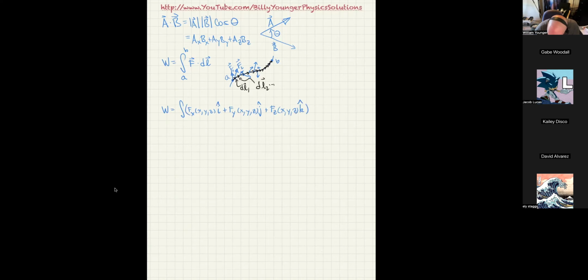I'm going to put that in parentheses, and then the dot dL is technically going to be dx i hat plus dy j hat plus dz k hat. And of course, you can then use the linearity of the dot product, and when you do that, you end up getting the integral of Fx dx plus the integral of Fy dy plus the integral of Fz dz.